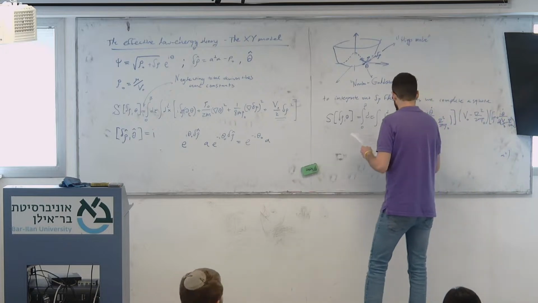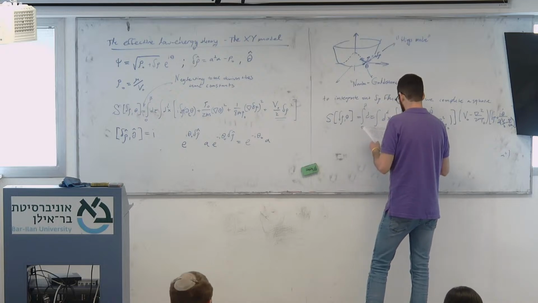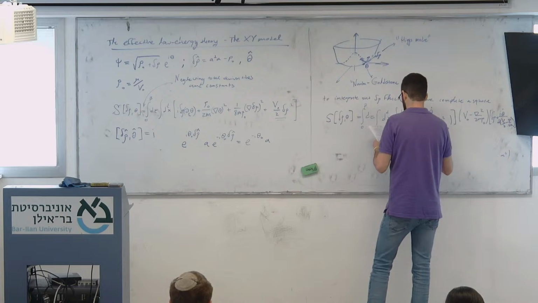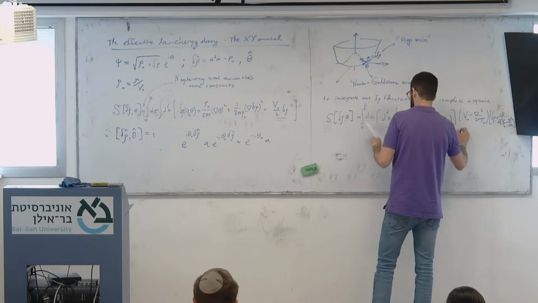And then I have plus theta dot squared over 2 V naught plus rho naught Laplacian of theta squared.